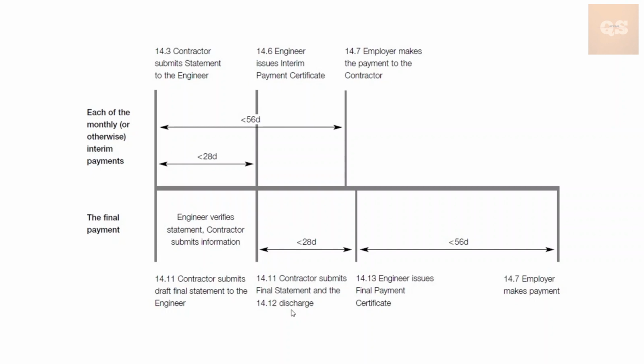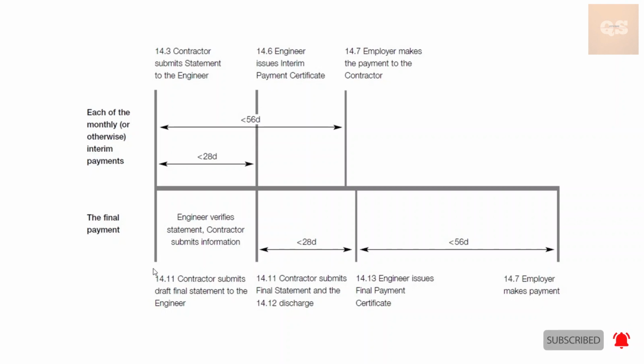Discharge is nothing but a written confirmation that this is the final statement, this is the final amount that needs to be paid to us as the contractor. We have the right to receive this payment, and there is nothing else other than this payment. That confirmation is noted down under discharge. Once that is submitted, there is a gap of 28 days. Within 28 days, the engineer will issue the final payment certificate.